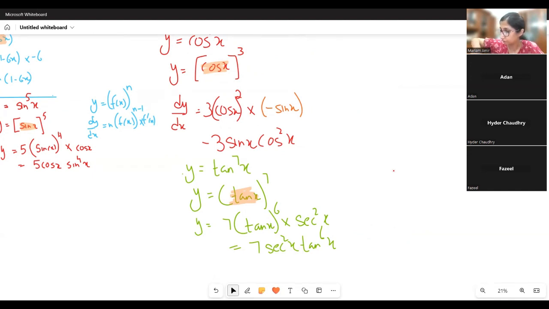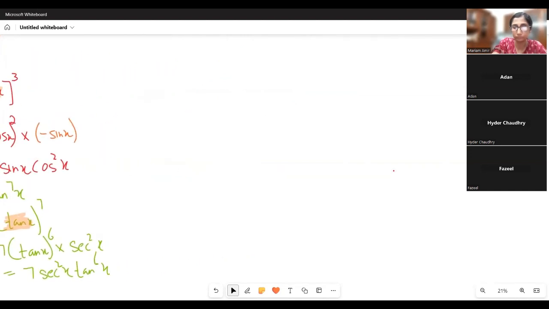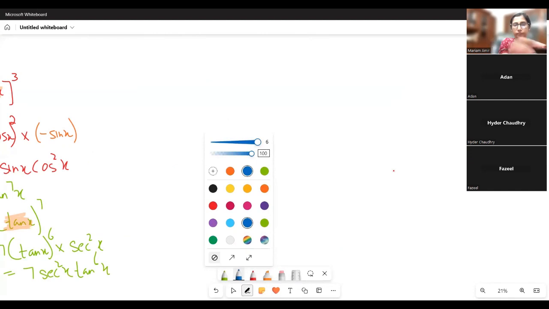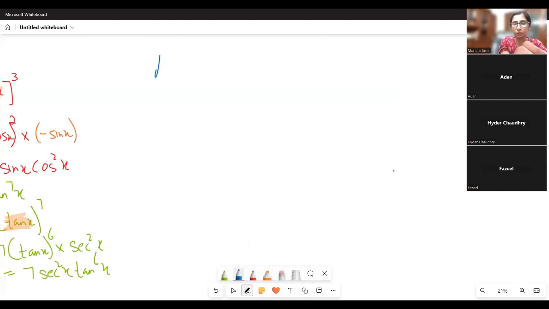Another one. Cos cube x. We're done with that. So now we're going to derivate y equals sine to the power 5 times 2x.